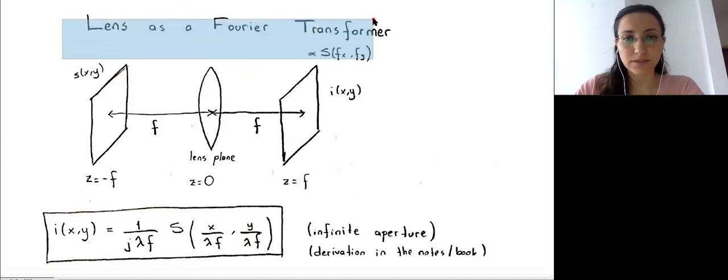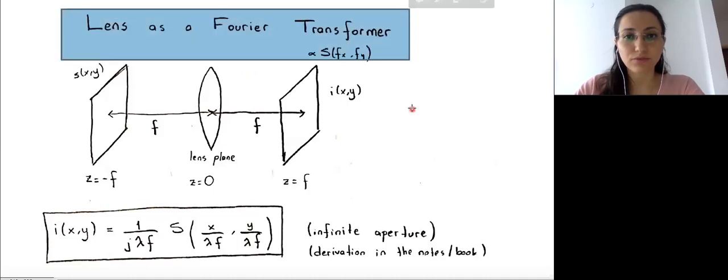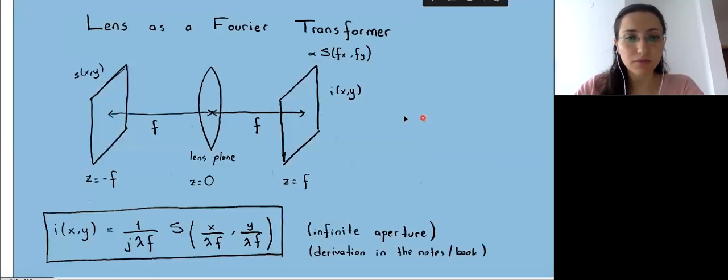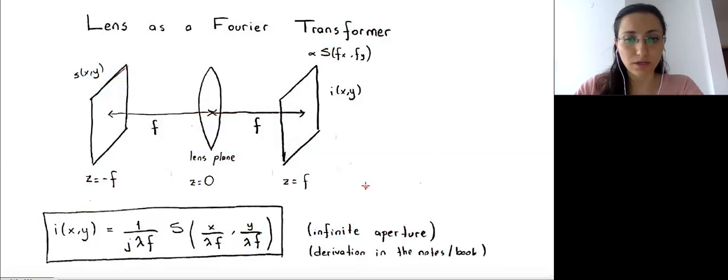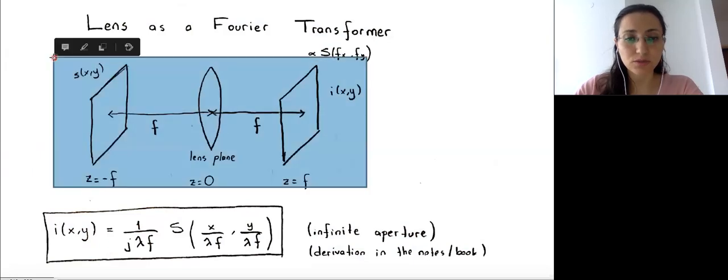In today's lecture, we're going to discuss the Fourier transforming property of a lens and some of its applications. We will consider the system shown here. In the system, we have a single lens which has focal length f, and we consider two planes.